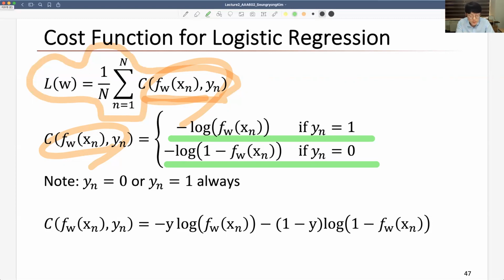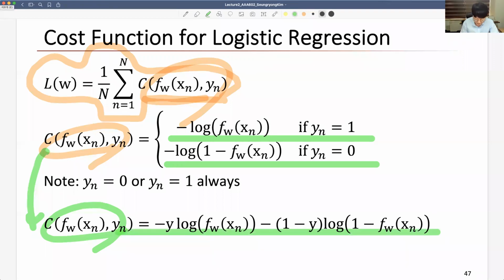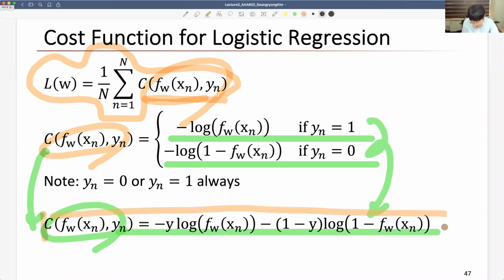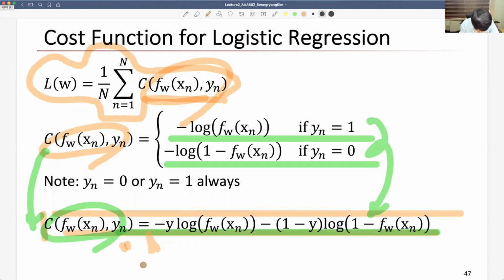Then we can rewrite this cost function in one equation, right? This function is our cost function for the logistic regression problem.